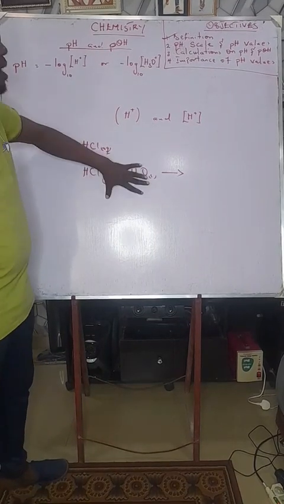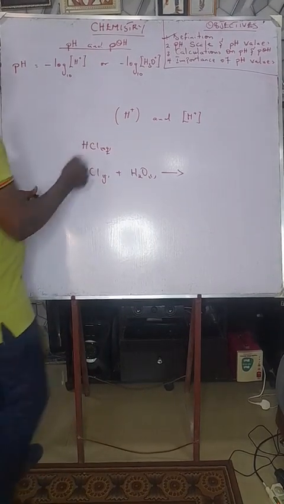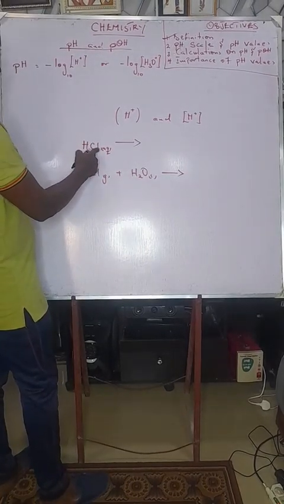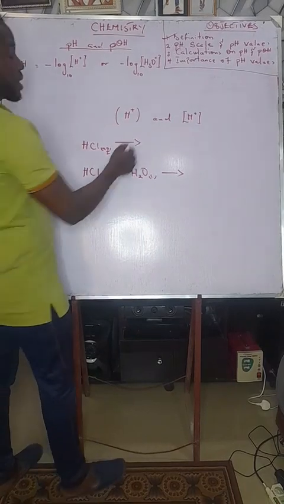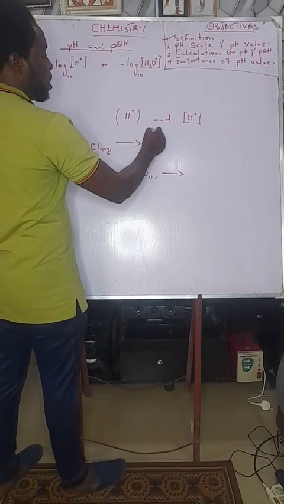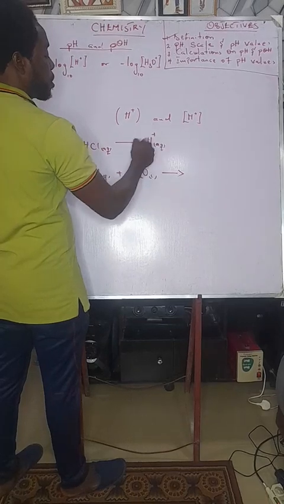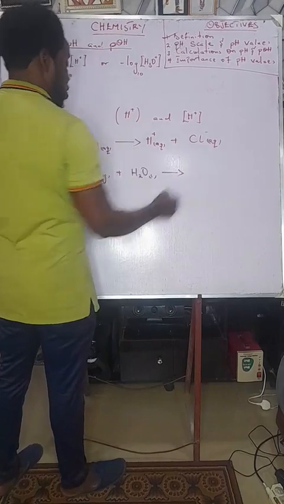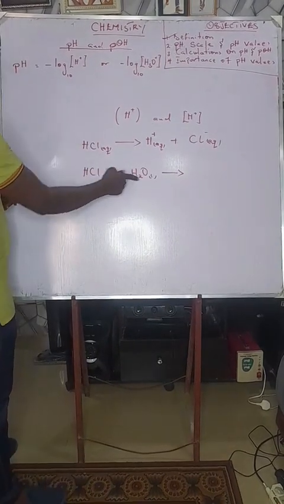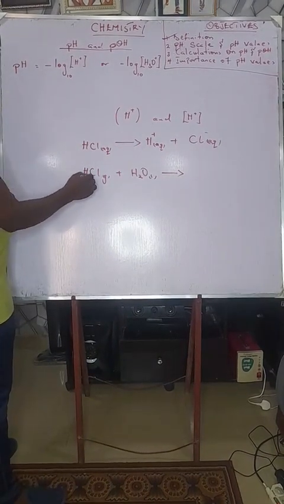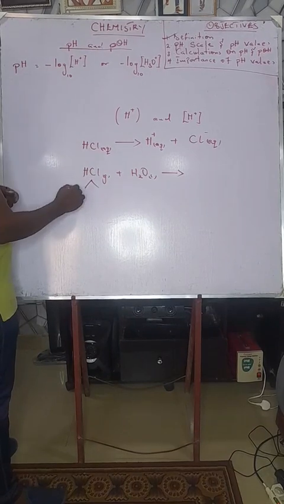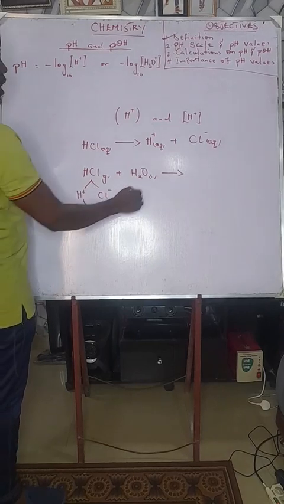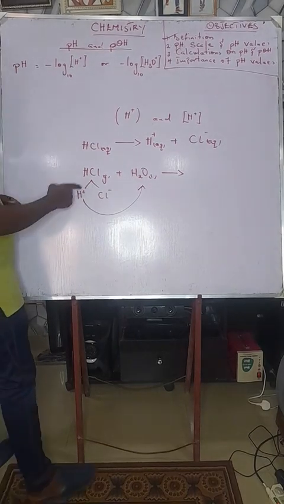So instead of writing this, I may decide to write this. If you ionize this, H will take this one and Cl will take this one. We have done that in our last class. So that's H plus aqueous plus Cl minus aqueous, because it is an ion. But if I want to write it the normal way, it will split, H plus and Cl minus. This H plus will now join the water.